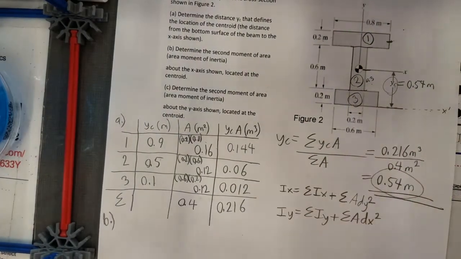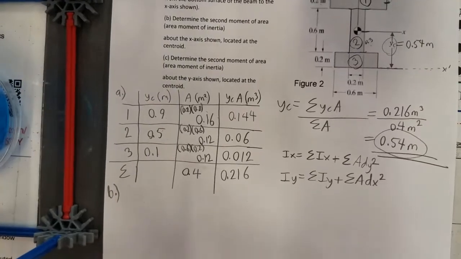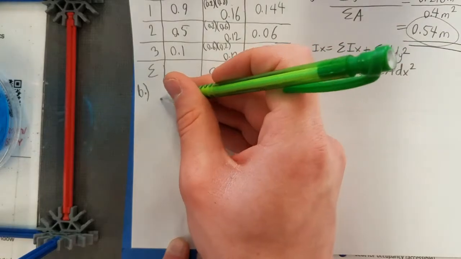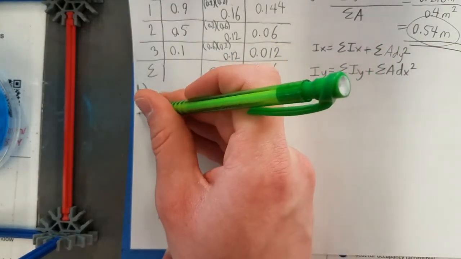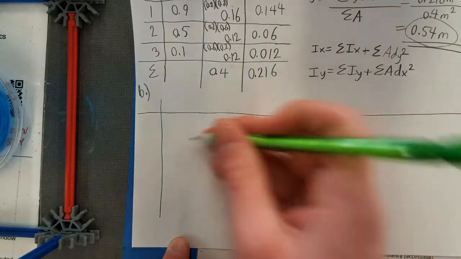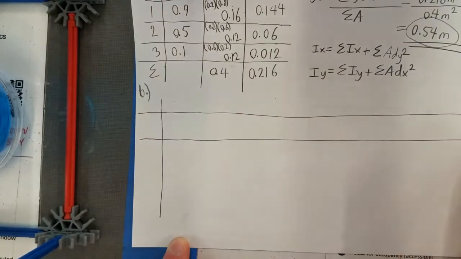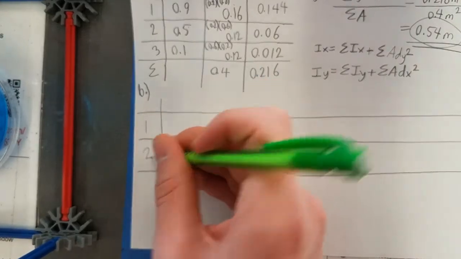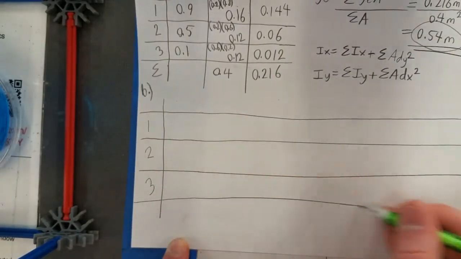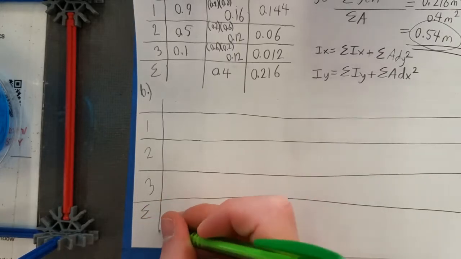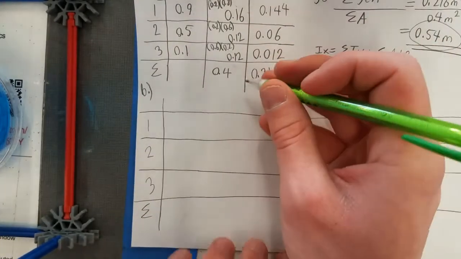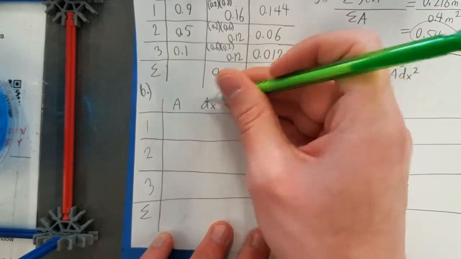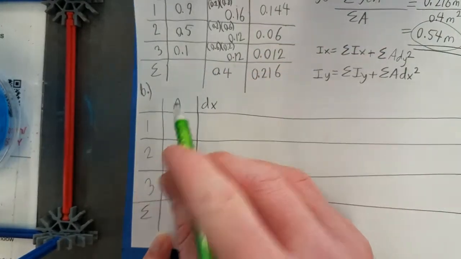And so we'll go ahead and write out our table again. This one's going to be a bigger table. And to draw it out, I'm just going to go ahead and take the entire length. We're going to have 1, 2, 3, and then down below the sums. And so for this, we're going to have the area and then dy, or the distance from x.